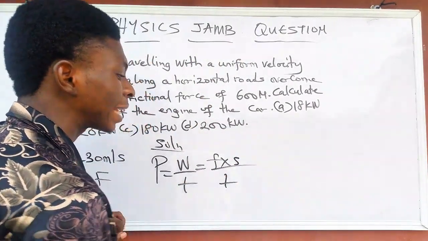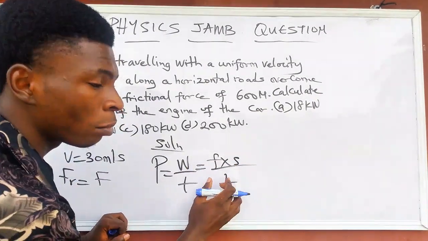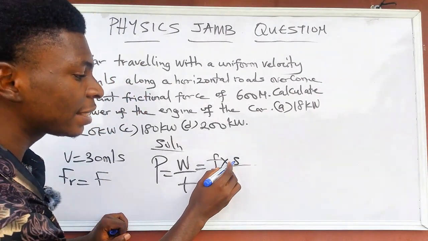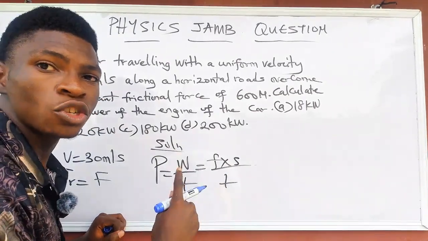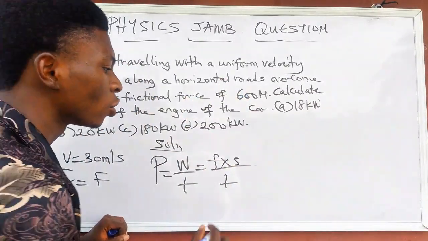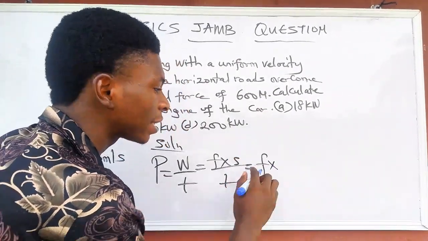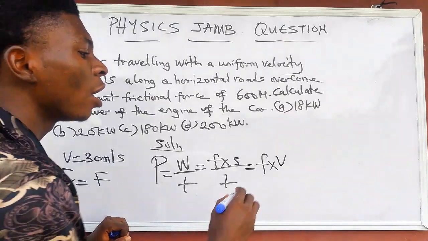So power is force times s over t. We can derive another formula because s over t is equal to velocity or speed. So power is force times speed. That's another formula.